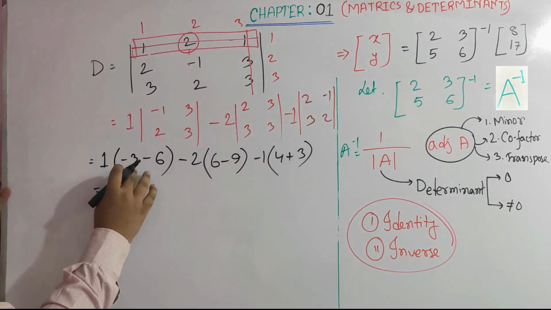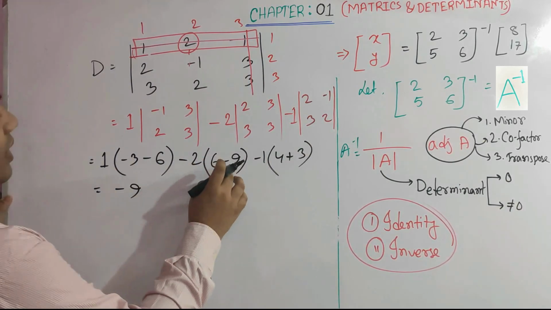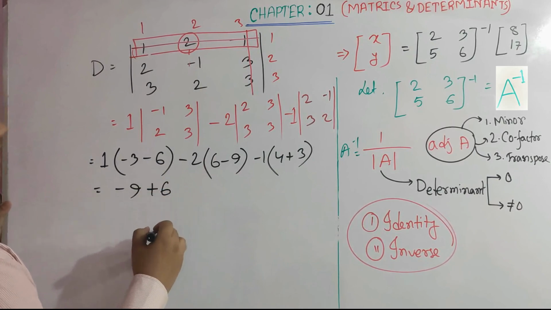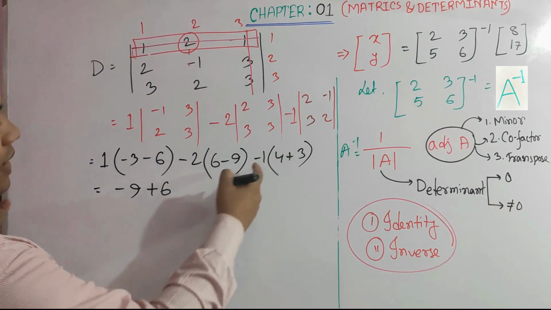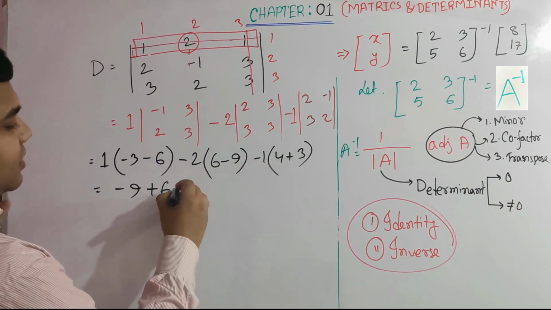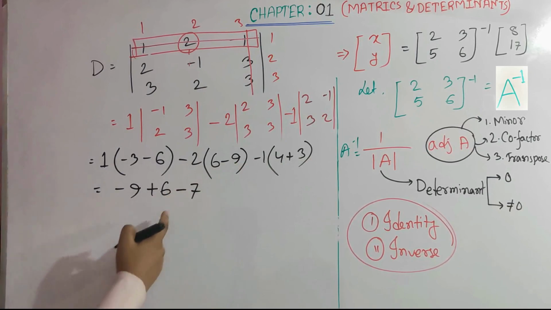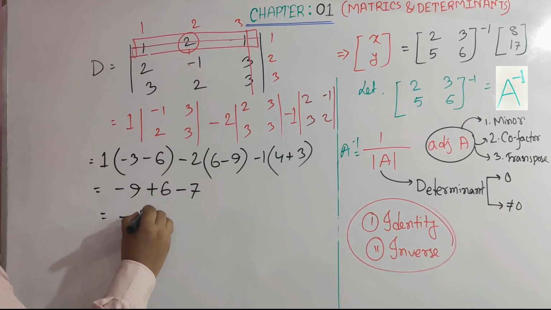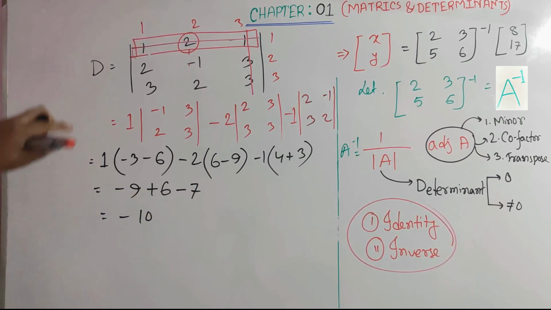So here we'll get -9, then -3 into -2, 6, and here -7. Then here will be just -1, so it should be -10. So the value of D is -10.